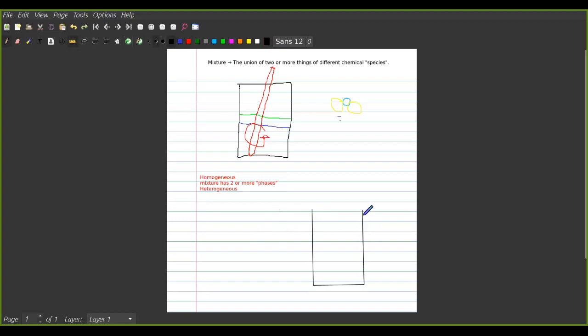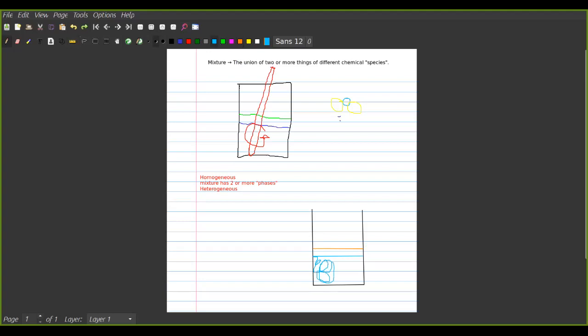So we have water and at the top we have oil. So we have two phases. The lower phase, which is water, is one phase.